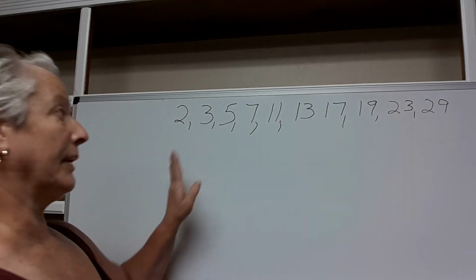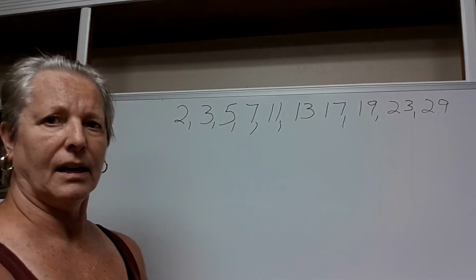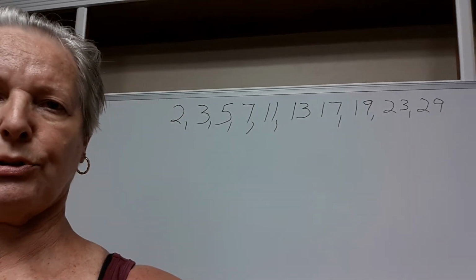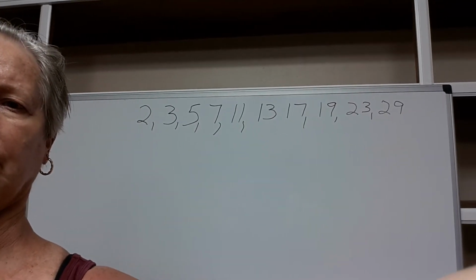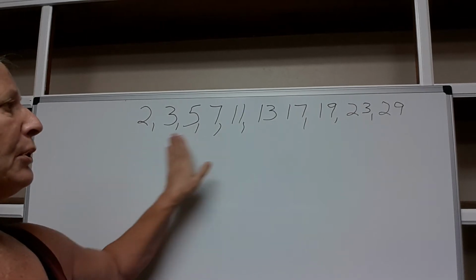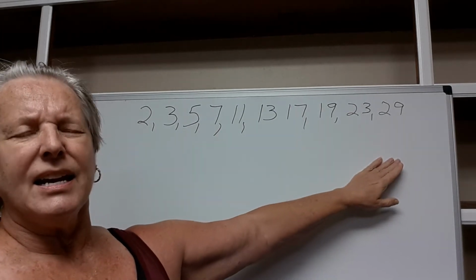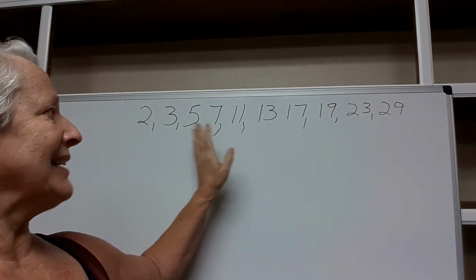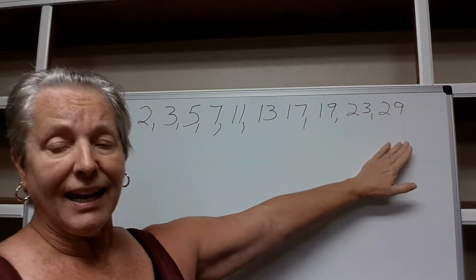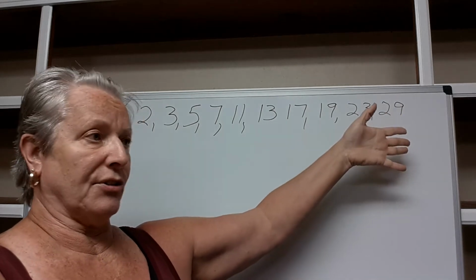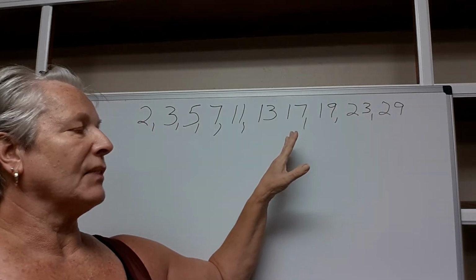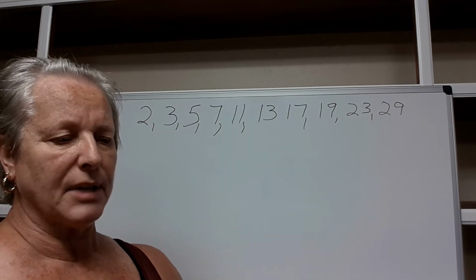Okay, I'm getting smaller as I go up. After 23 is 29, so let me push the recorder over. Okay? Remember these 10. And when you're doing your factoring tree, if you get it down to any of these 10, you can't go any further. So you have to know these 10 prime numbers.